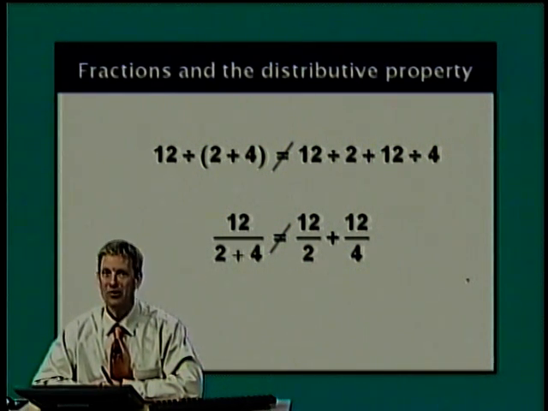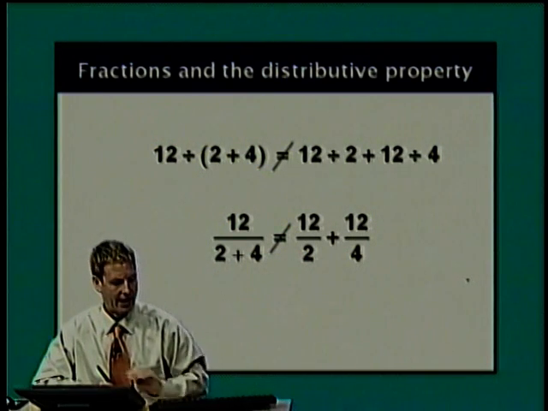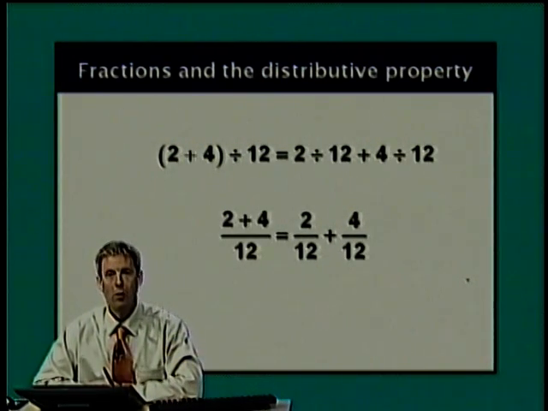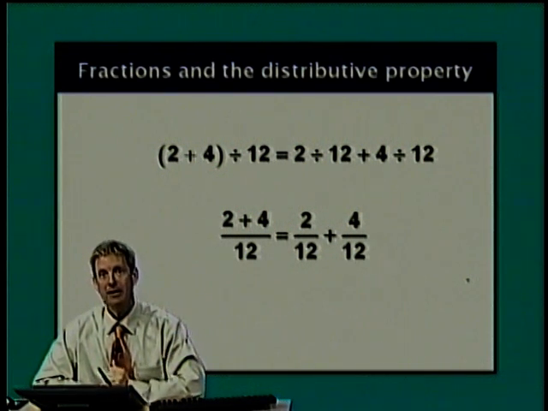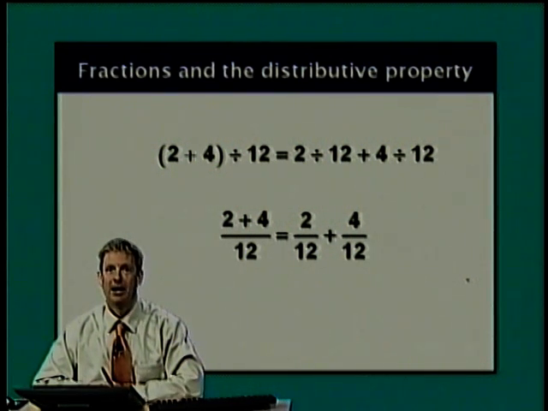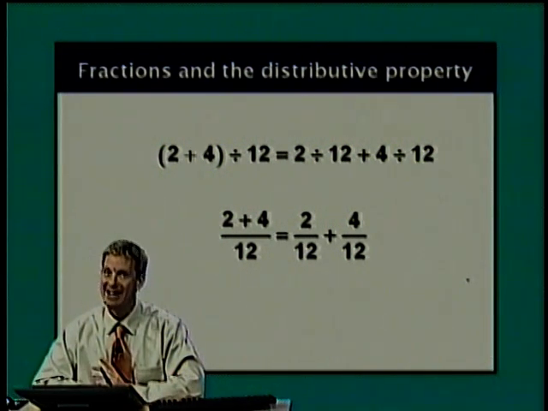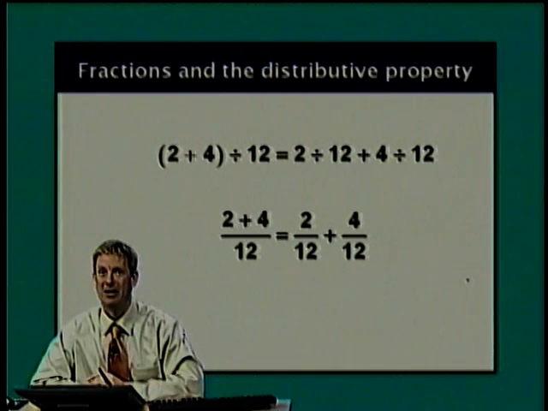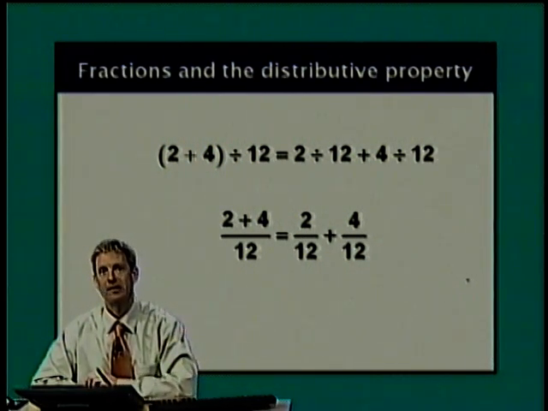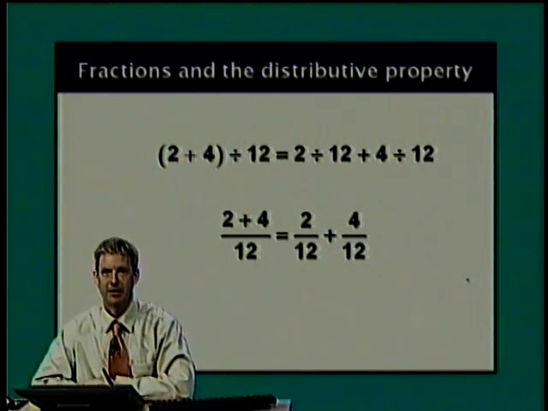That's why this distributive property is not working when the sum is on the right side. When the sum is on the left side, the sum ends up in the numerator of the fraction. And when you add two fractions with common denominators, you do add the numerators. And that's why this distributive property about division works when the sum is on the left side of the division.